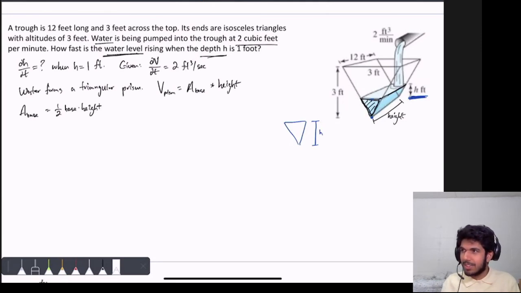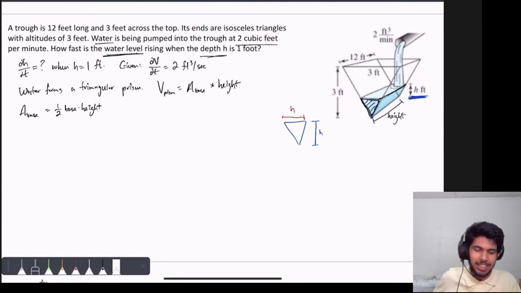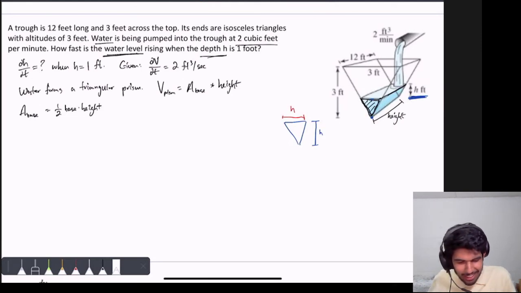Really, this is the height that we're given. And this up here, this is the base. I claim that the base is equal to h. Why is that true, you might be asking? Well, we need to remember our geometry skills. Whoops, that is not a good triangle.